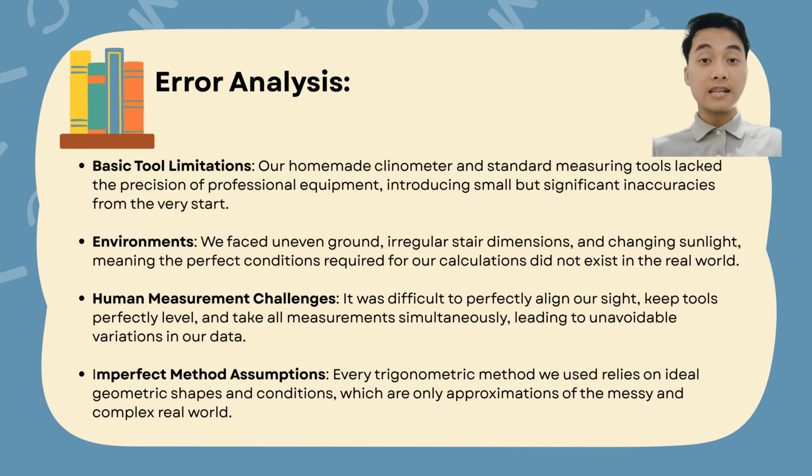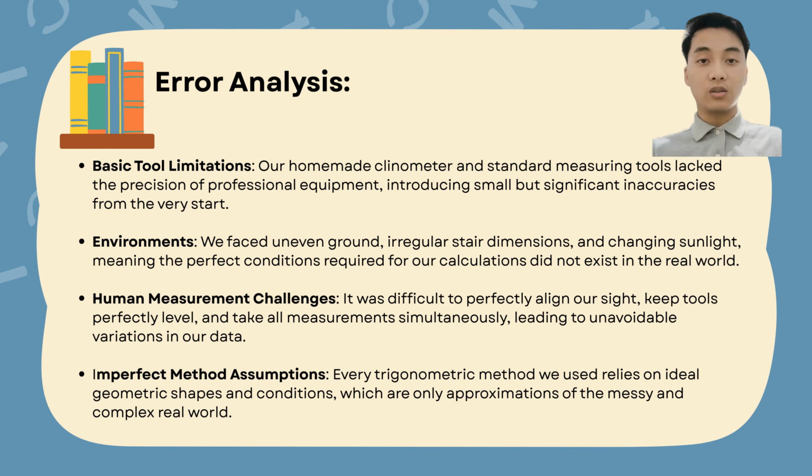For the error analysis, first is basic tool limitation. Our homemade clinometer and the standard measuring tool lack the precision of professional equipment. The second one is the environment. We faced uneven ground, irregular stair dimensions, and changing sunlight. The third one is the human measurement challenge.